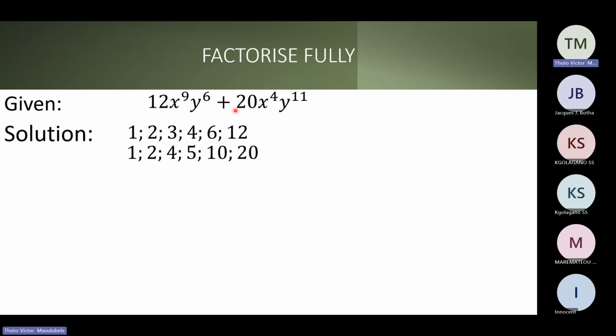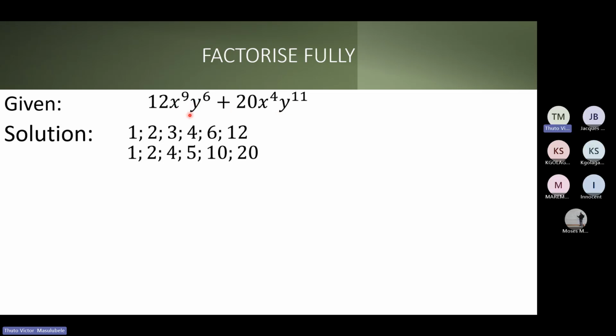Now, when it comes to variables, you look for a common variable in all terms that has the smaller exponent. I repeat, look out for the common variable in all terms that has the smaller exponent. When you look at x to the ninth and x to the fourth, which has the smaller exponent? That will be x to the fourth.